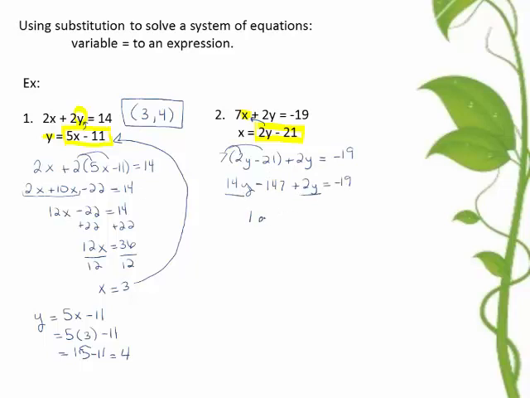14y and 2y are like terms, so 16y minus 147 is equal to negative 19. Add 147 to both sides, and I get 16y is equal to 128. Divide both sides by 16, and y is equal to 8.